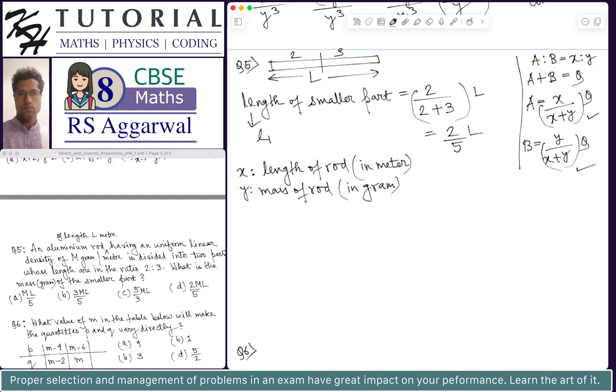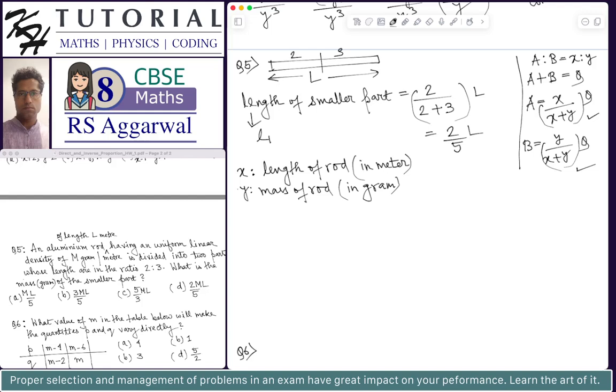Since it is given that the rod is having a uniform linear density, the mass of the rod is the same across every position of the rod in the linear direction. So we can clearly understand that the length of the rod and its mass are in direct variation.